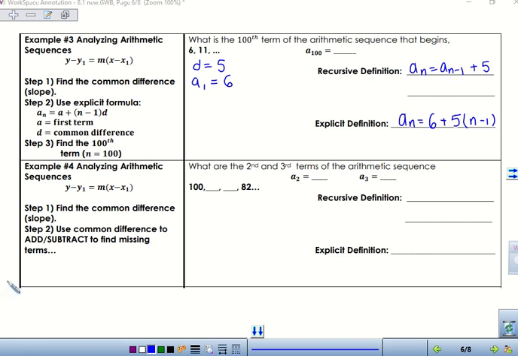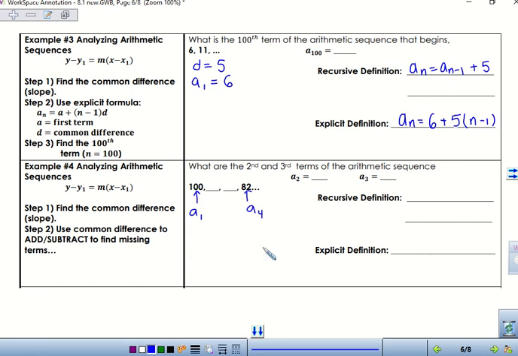So here's what we have to do. Essentially, we have to find these missing terms. So let's talk about it a few different ways. What term is this? A1. What term is this? A4, right? Everybody see why that is? Okay. But we want to find the missing terms in the middle.